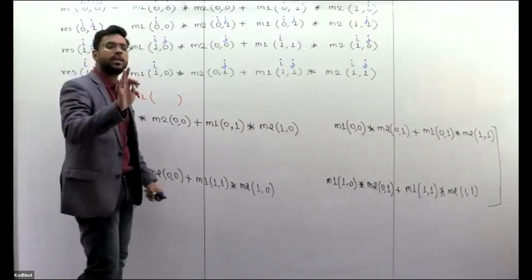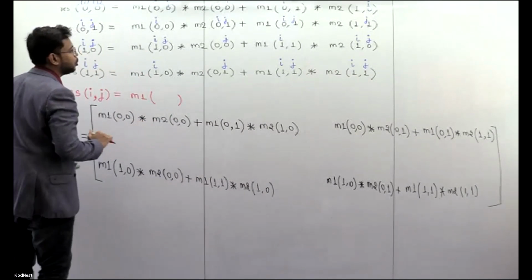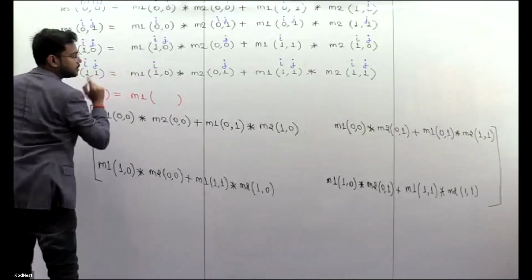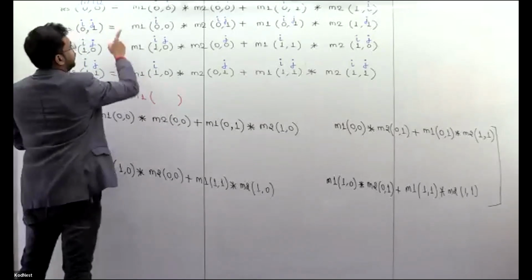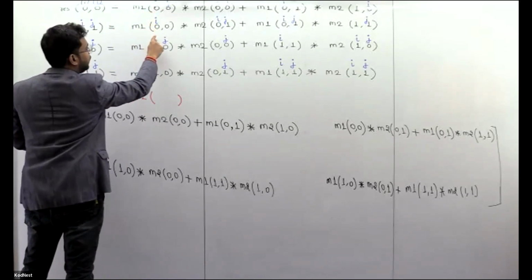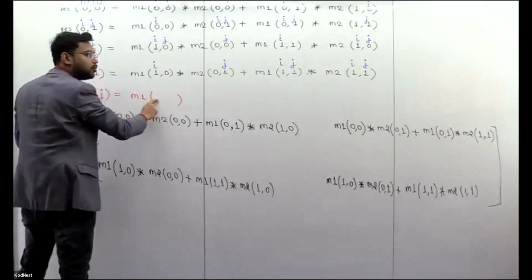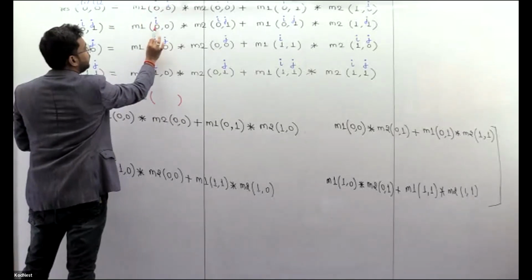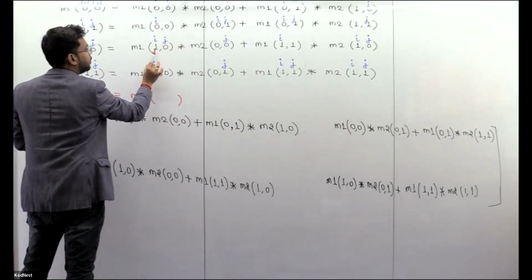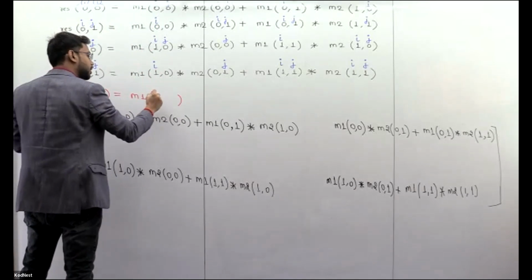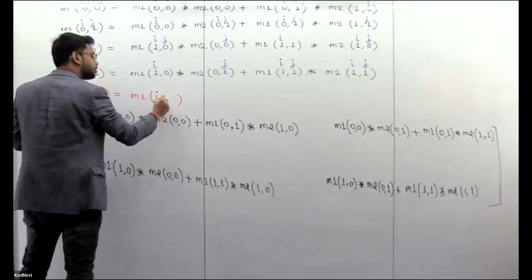We have to analyze. If in all four formulas it is the same variable, then consider that same variable. In the first formula this is I, in the second formula it is I, in the third formula it is I, and in the fourth formula it is also I. So here I will consider it as I.